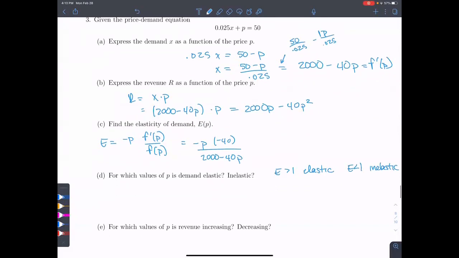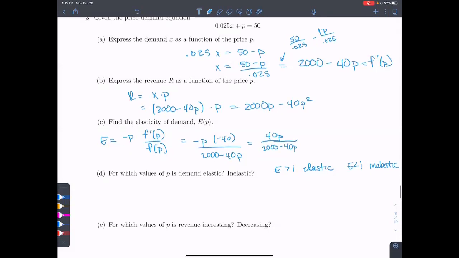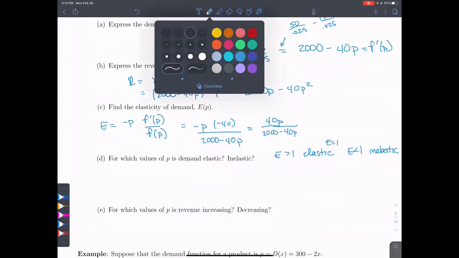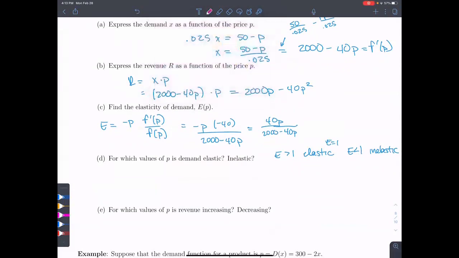So we're going to take this function that we have, which is equal to 40p over 2,000 minus 40p. We're going to take that function, we're going to set it equal to 1, because we want to know where unit elasticity happens, right? So we have 1 equals 40p over 2,000 minus 40p.